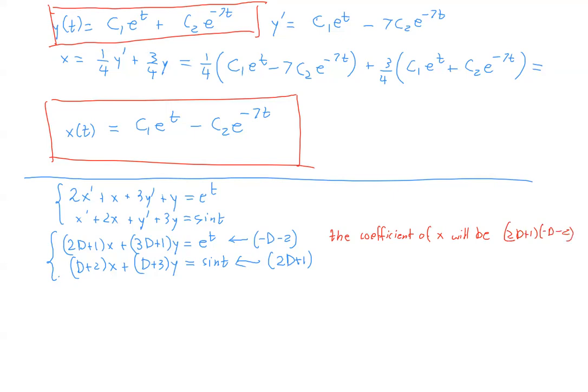If you multiply the second one by 2D plus 1, the coefficient of x will be (2D plus 1) times (D plus 2). So the two of them are opposite of each other, and they're going to cancel each other.